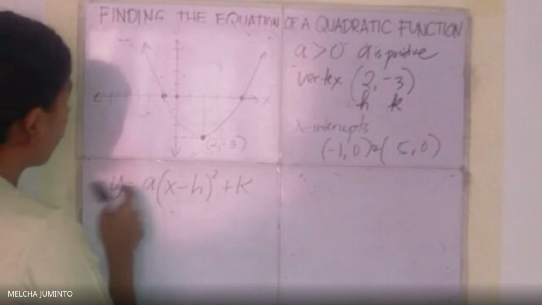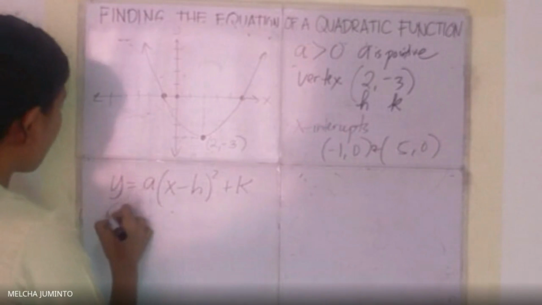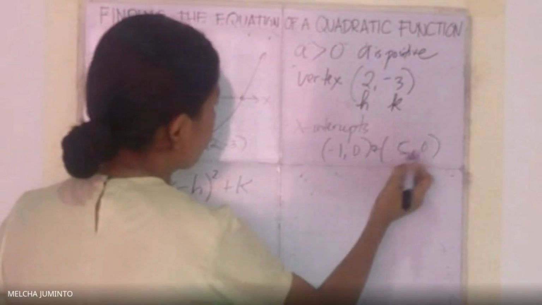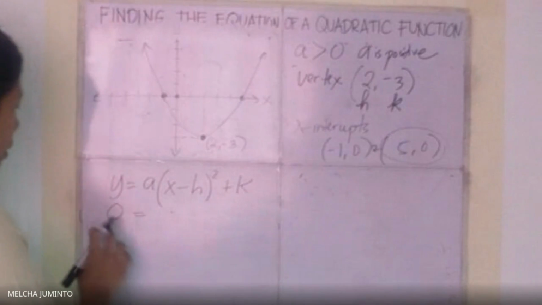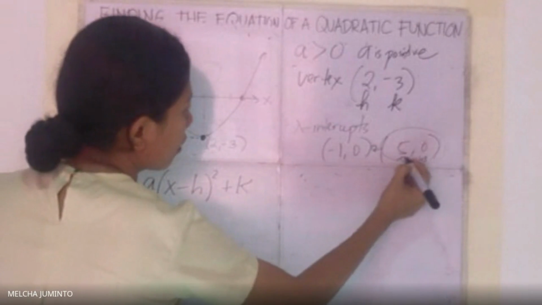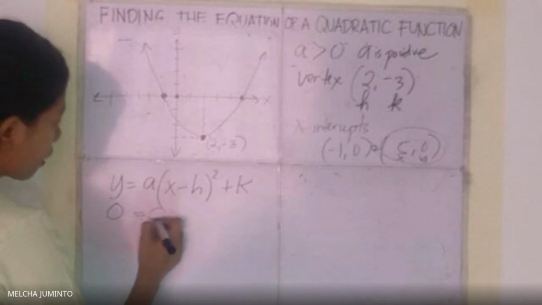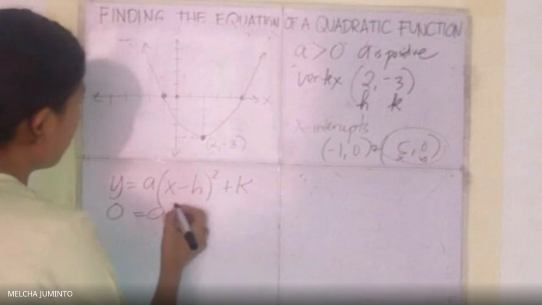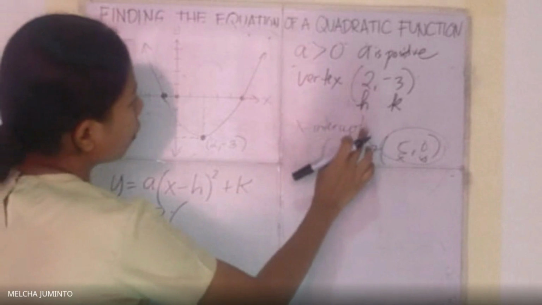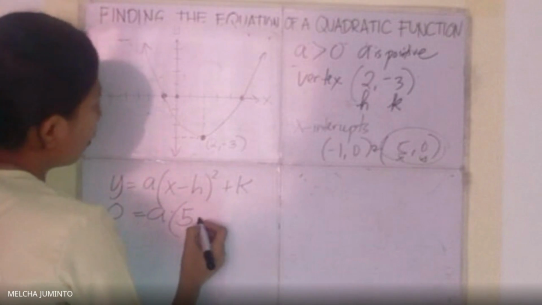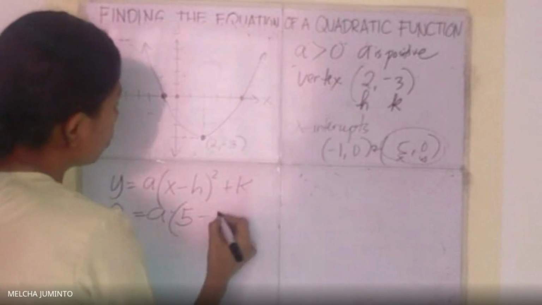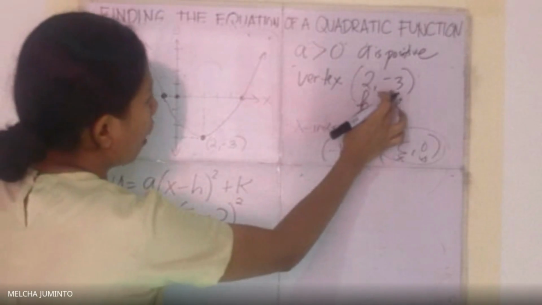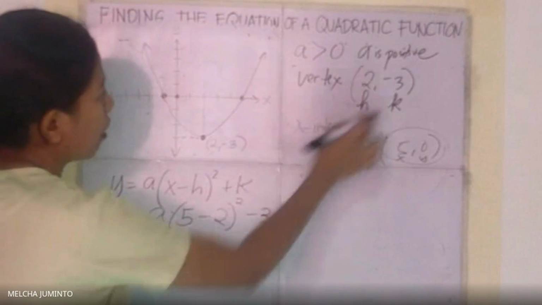So for y, we write 0. Let us choose, for example, (5, 0). So 0 equals a, which is unknown because we don't know yet what a is, times x, which is 5, minus h, which is 2, squared, plus k, which is -3.